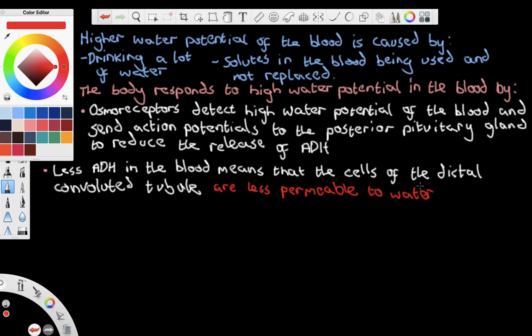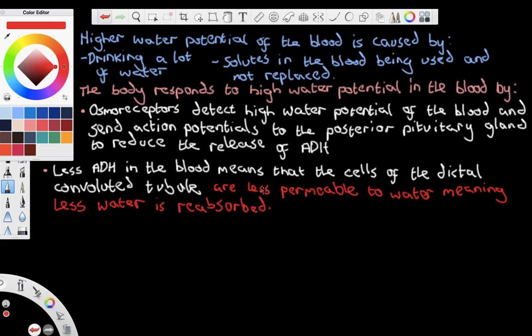Okay, so less water is reabsorbed. So we can put meaning less water is reabsorbed.